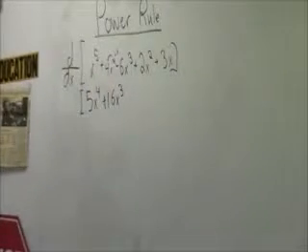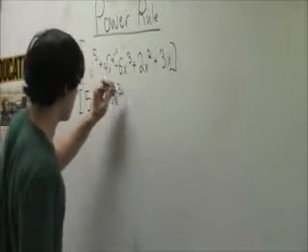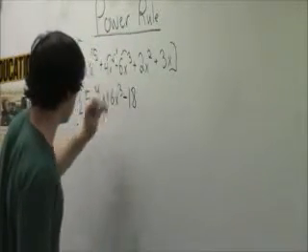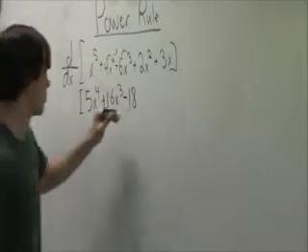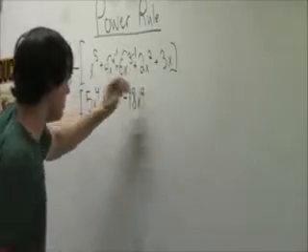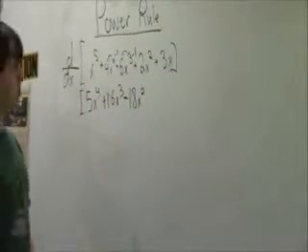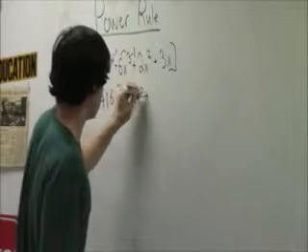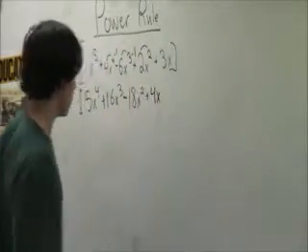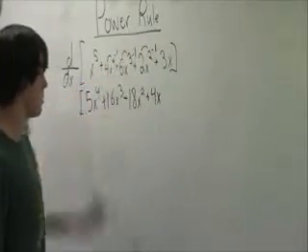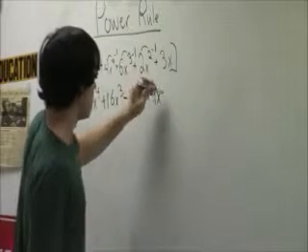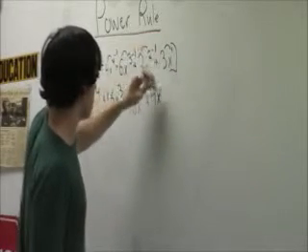And then, because there's a negative in front of the 6, it would be a negative 18 because of the 6 multiplied by a 3, and then that would be x squared. Then you add the derivative of 2x squared, which is 4x. And then to finish it off, you would add the derivative of 3x, which is 3.